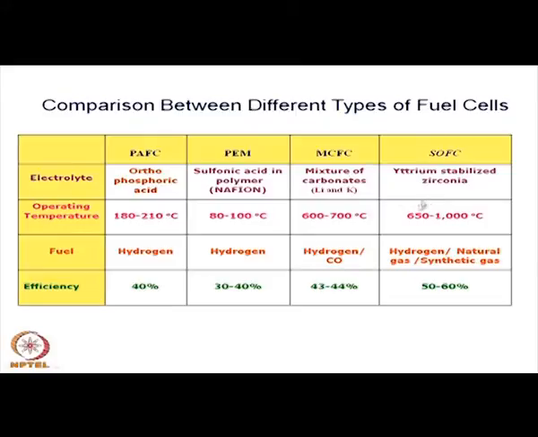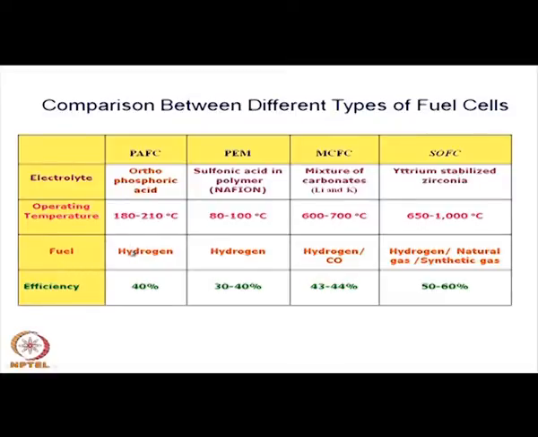IT SOFC means intermediate temperature, of the order of about 600 to 800 degrees, whereas LT means below 600 degrees. So, there is always an attempt to reduce the temperature of operation as much as possible.